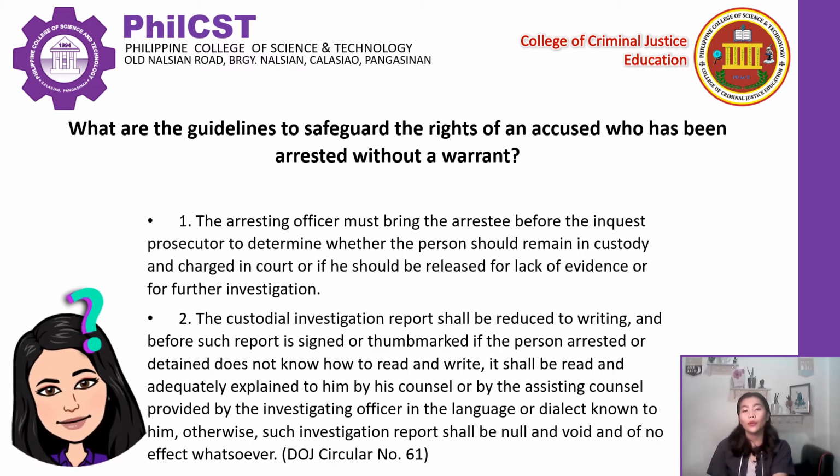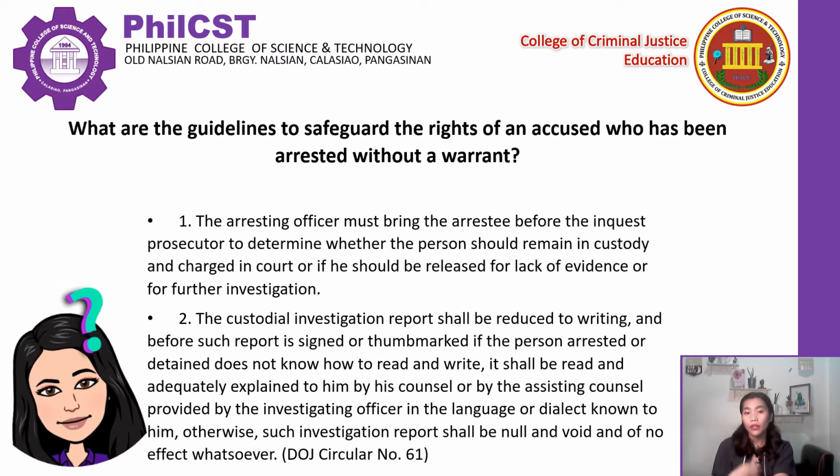So for example, ang alam lang niya ay Pangasinan na salita or Ilocano, yung ganun. So dapat i-explain sa kanya sa lengguwahe or sa dialekto na naiintindihan ng taong yun. Kasi ibig sabihin, kapag example, nasa English, at yung taong yun ay hindi marunong mag-English, hindi marunong magbasa, magsulat, tapos pumirma siya, parang invalid yun. Kasi nga, hindi niya naiintindihan yung dapat niyang malaman.